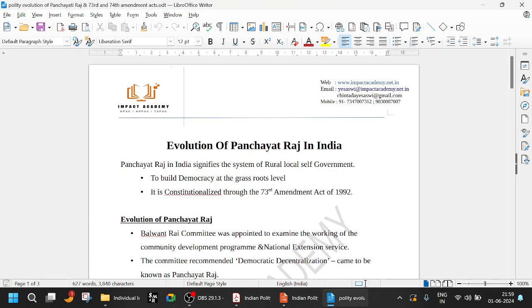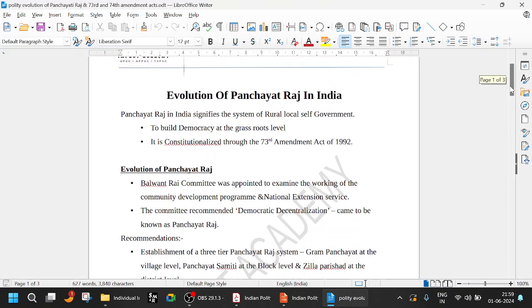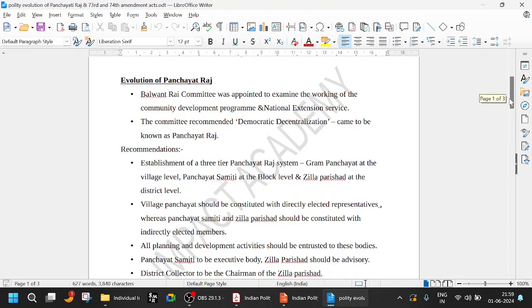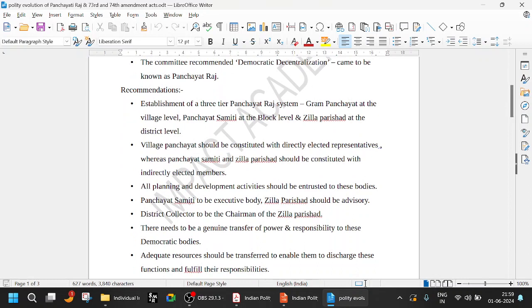Panchayati Raj signifies a system of rural local self-government to build democracy at grassroots levels, in the 73rd Constitutional Amendment Act, 1992. First is the Balwant Mehta Committee, to establish a three-tier Panchayati Raj system: Gram Panchayat at the village level, Panchayat Samiti at the block level, and Zilla Parishad at the district level. At district level we have ZPTC elections, and we have the Sarpanch at the village level.